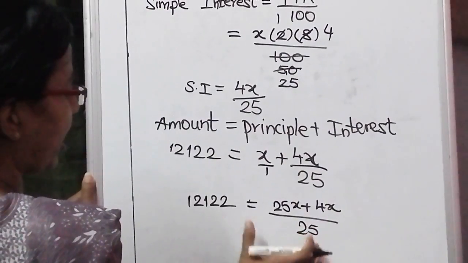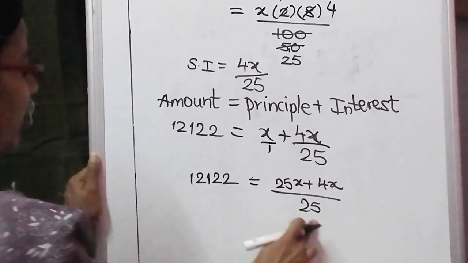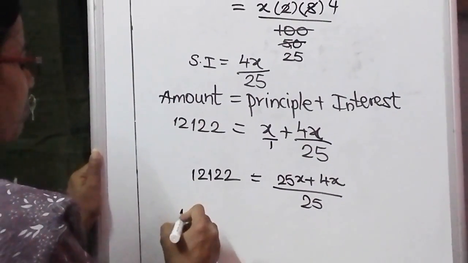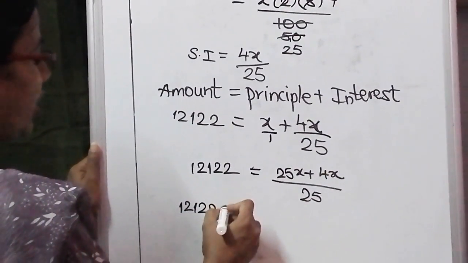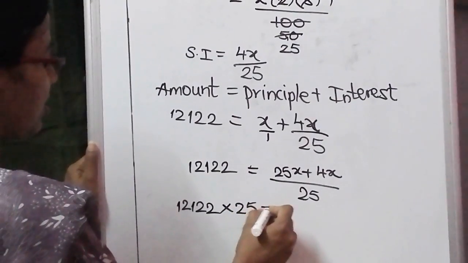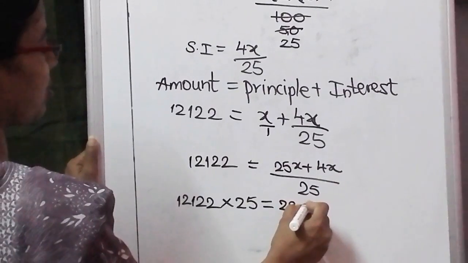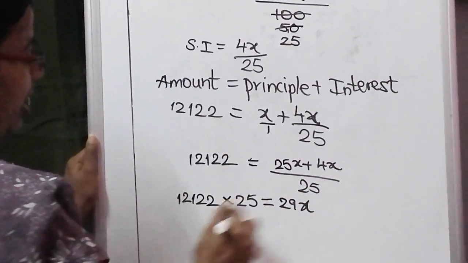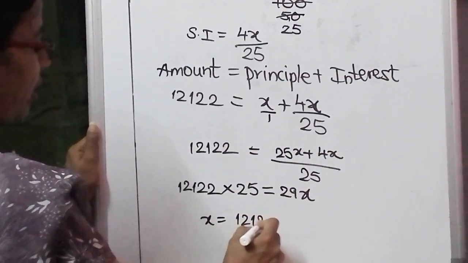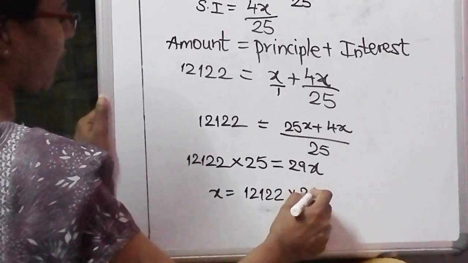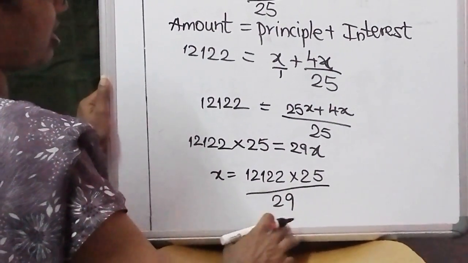So let us see, and that only the variable is to one side. Division, when it is transposed to the other side, it becomes multiplication. So this is 12,122 into 25 is equal to 25 plus 4 is 29x. Now only the variable is to the one side. So this is 12,122 into 25 divided by 29.